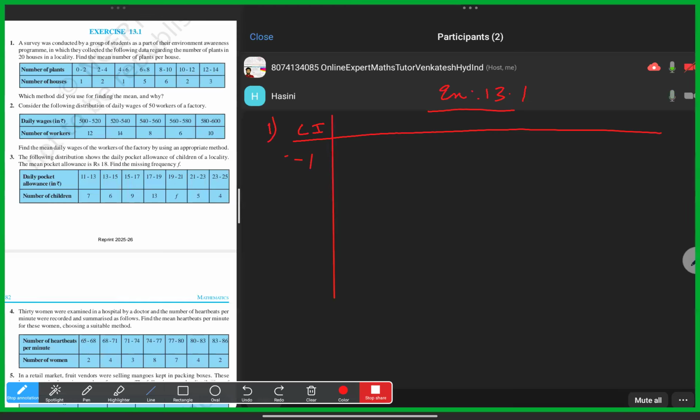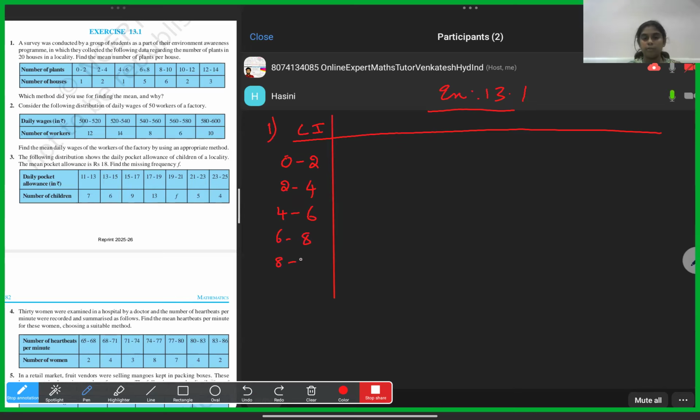Then I'll write 0 to 2, 2 to 4, 4 to 6, 6 to 8, 8 to 10, 10 to 12, 12 to 14.